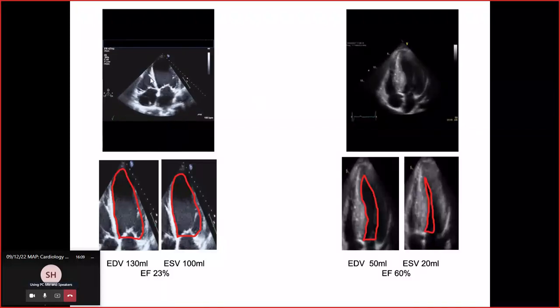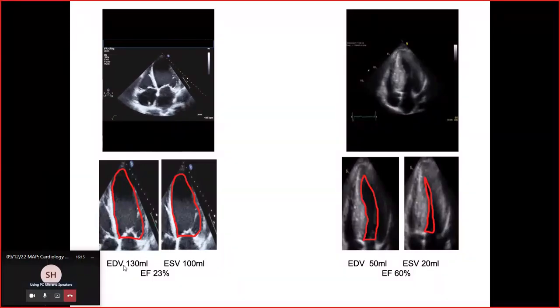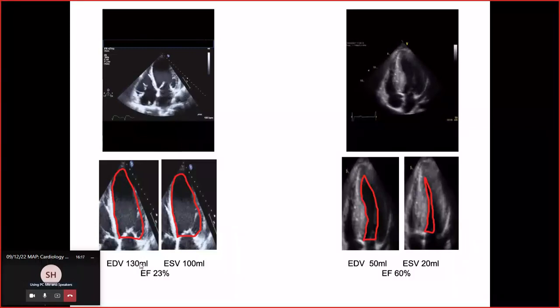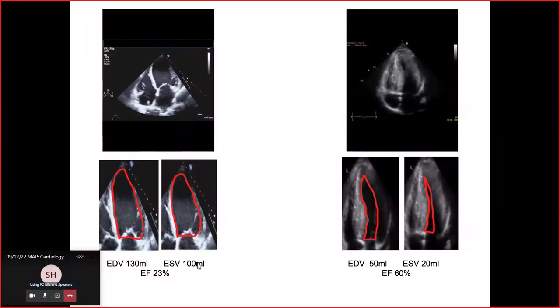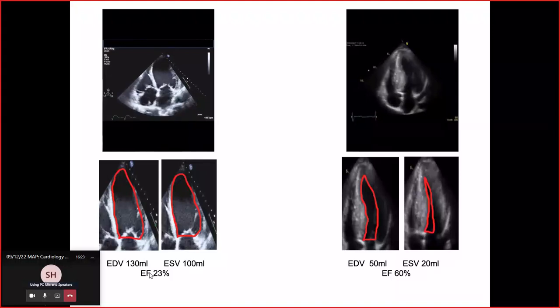If you can see here, the heart function is very weak, and if we measure the volumes, the end diastolic volume here is 130 mils, and the end systolic volume is 100, which means that the ejection fraction is 23%, which is severely impaired.